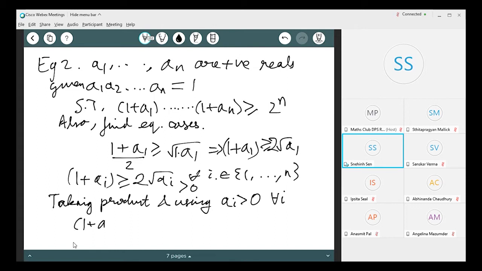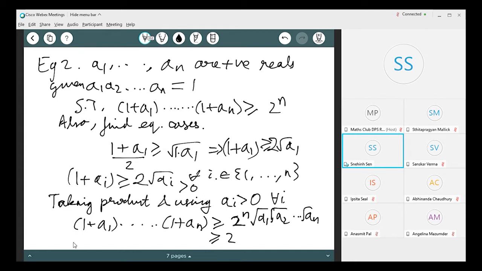(1 + a1)(1 + a2)...(1 + an) is greater than or equal to 2^n, because all the 2's come together. There are n 2's, root a1 times root a2 dot dot dot root an. But because all of these are positive and we don't need to worry about it, root a times root b equals root ab.